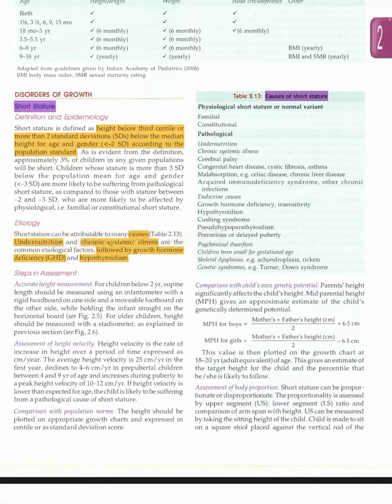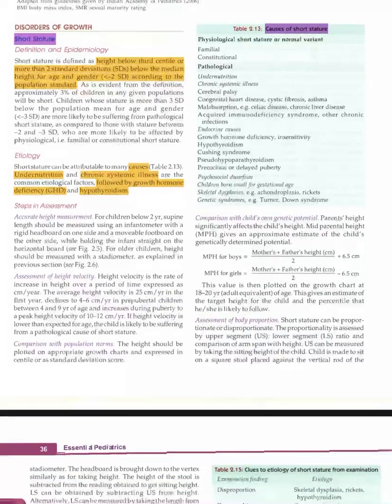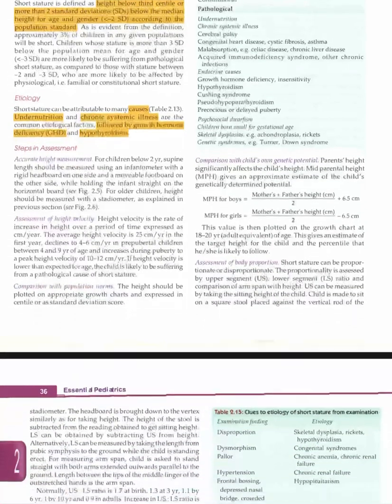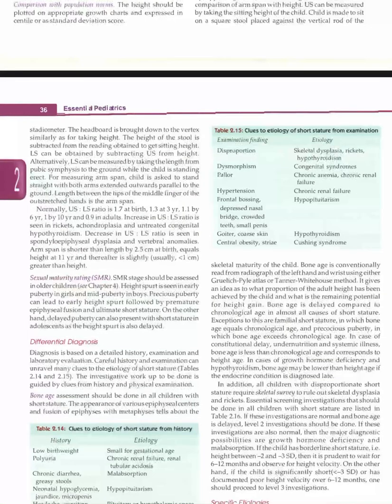Steps in assessment: accurate height measurement, assessment of height velocity, comparison with population norms, comparison with the child's own genetic potential, assessment of body proportion, and sexual maturity rating.